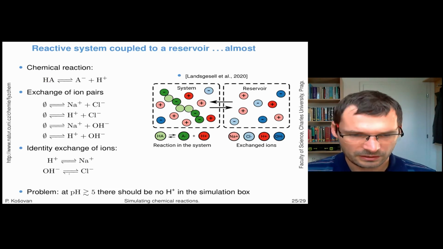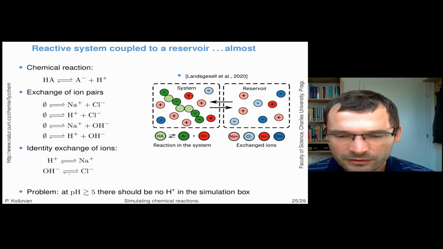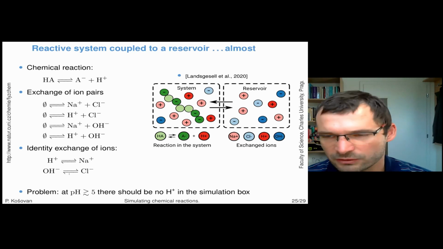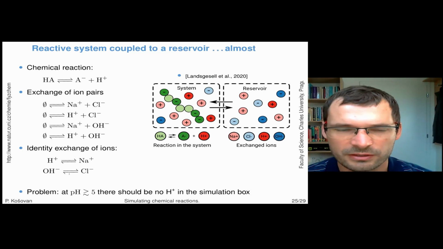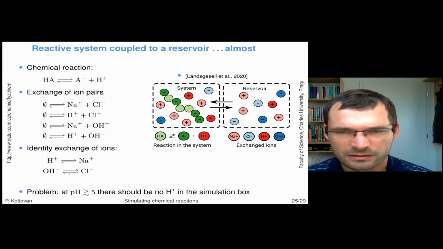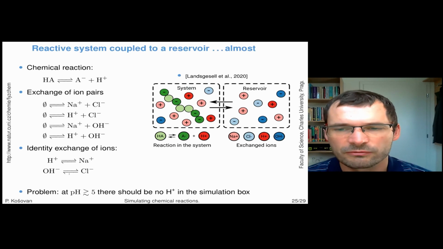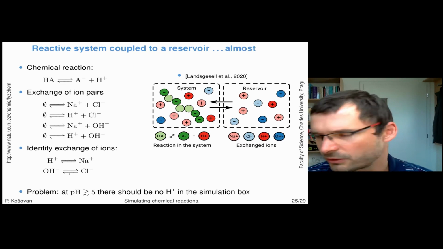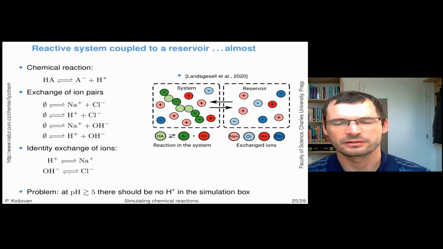However, there is a problem if pH in the reservoir is greater than 5, because in such case the concentration of H+ ions is very low, and it's not uncommon to have pH 10 or 12, so at pH 10 I have 10 to the minus 10 moles per liter of H+ ions in the reservoir, and that implies that, disregarding Donnan partitioning for a while, I should observe a comparable concentration of H+ ions in my system, and 10 to the minus 10 moles per liter with normal simulation box sizes of several nanometers means that there are practically no H+ ions throughout the whole simulation.